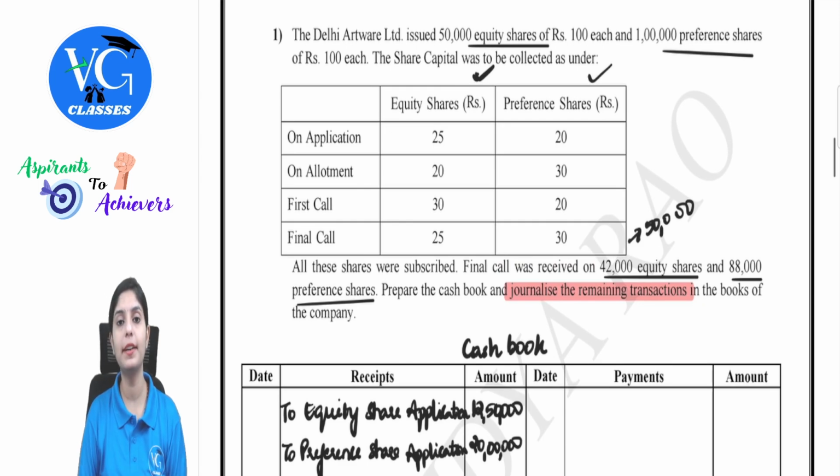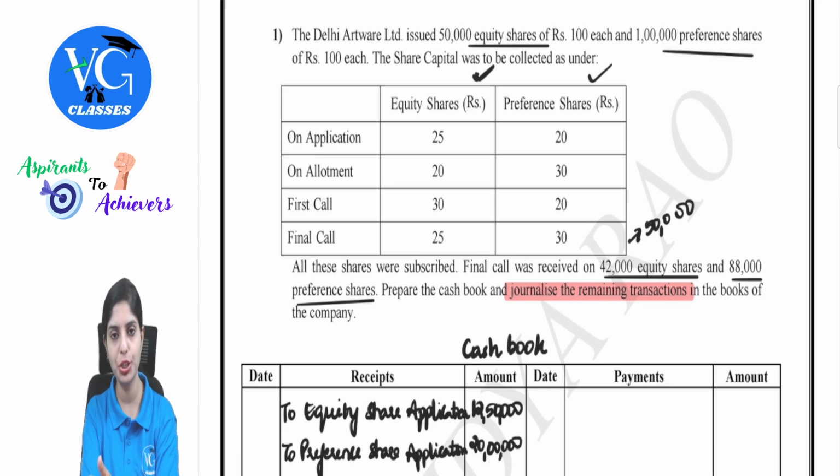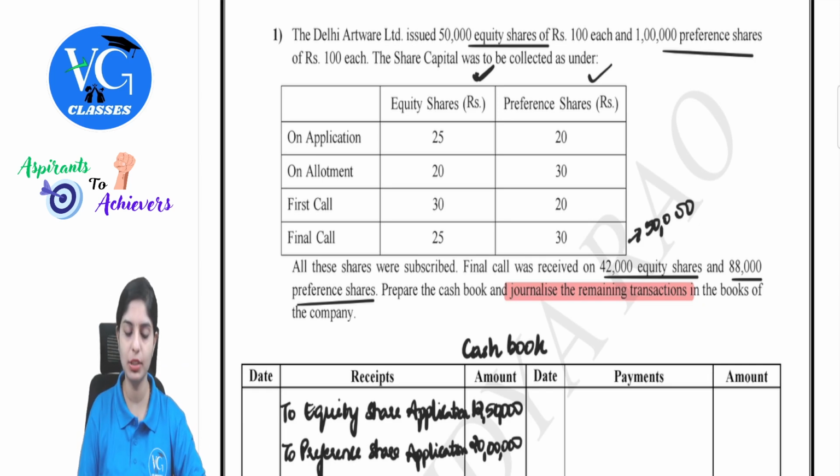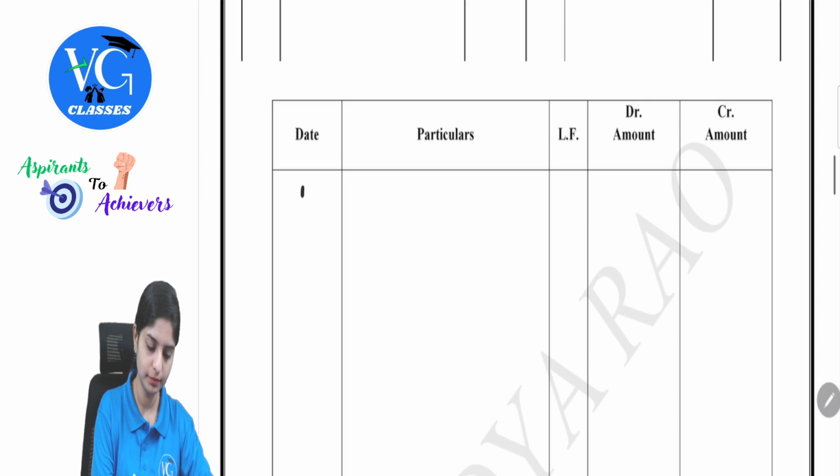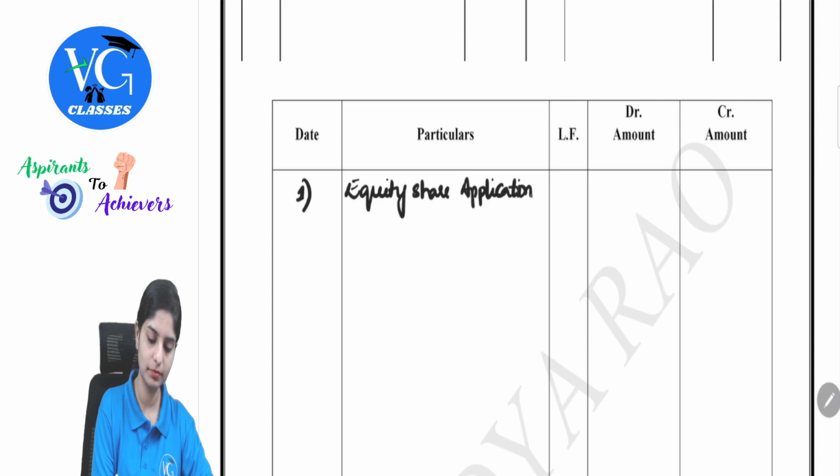What is the subsequent entry? Application money should be transferred to share capital. So share application account debit to share capital. There are two shares: equity share application to equity share capital, preference share application to preference share capital. Since there is no cash involved, nothing will come in cash book. I will pass one combined entry because it becomes simpler.